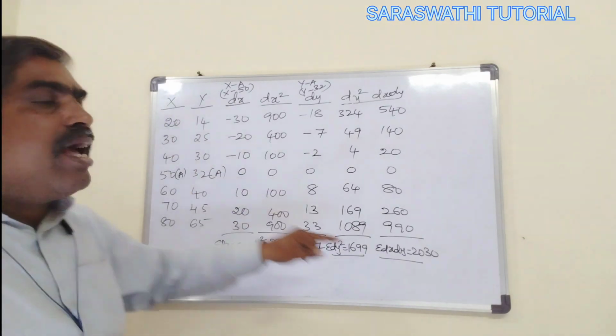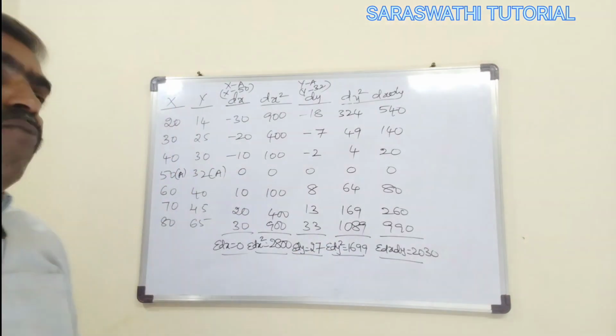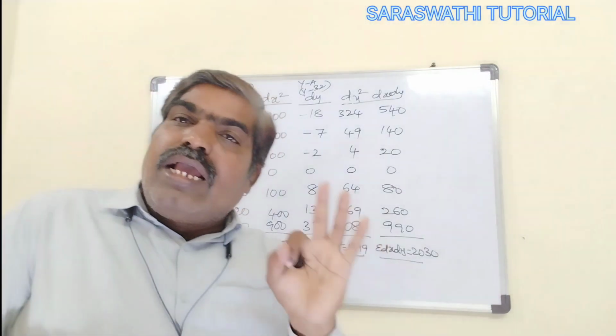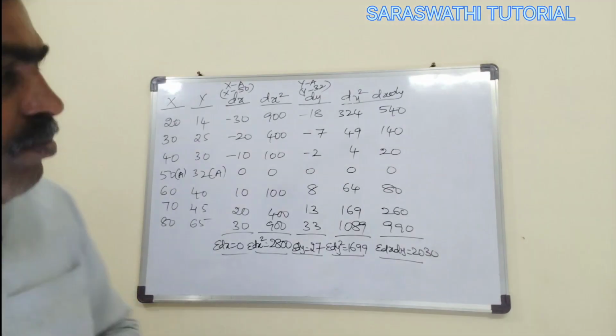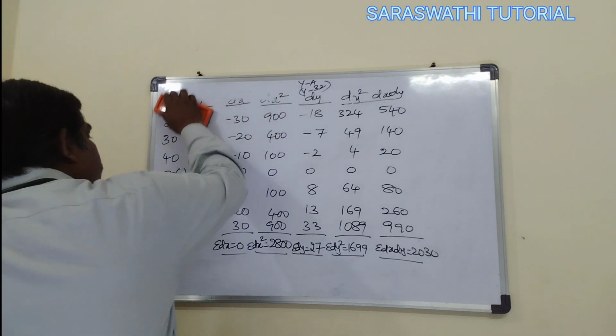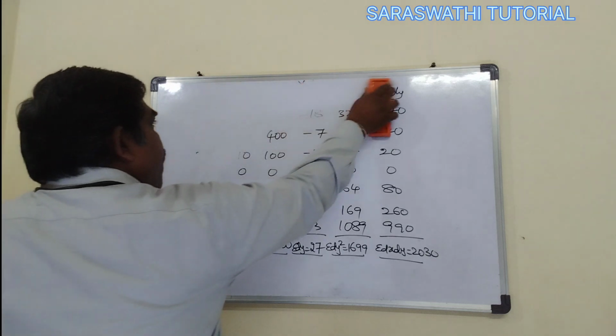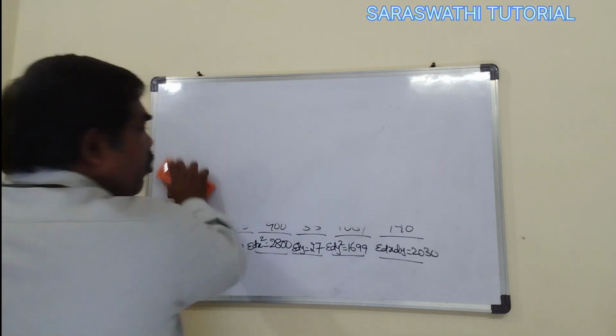This is the table for calculation of the correlation. Correlation can be calculated by using the formula, that is the assumed mean method. These are the summations.